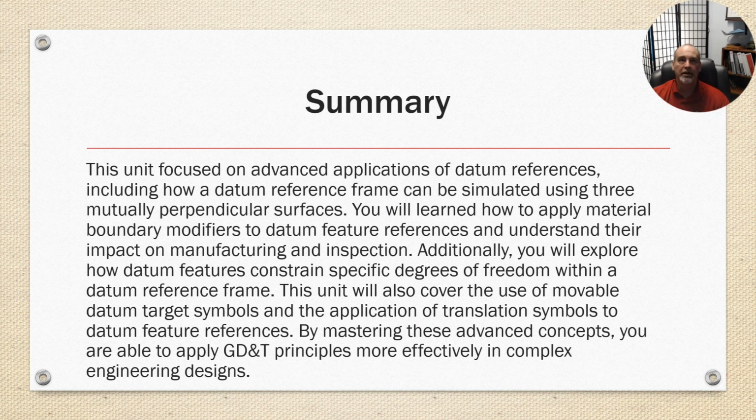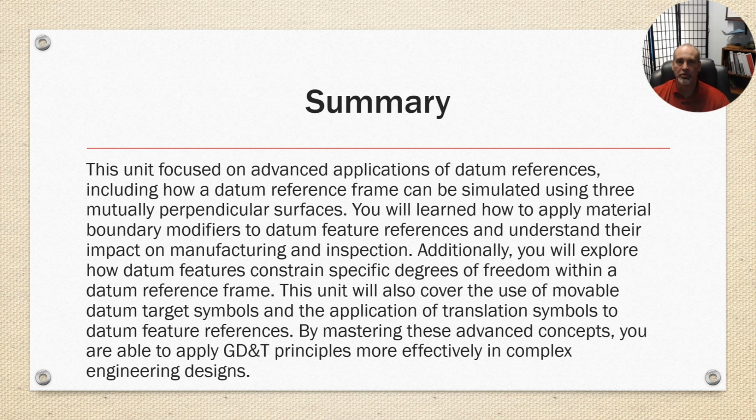In summary, this unit focused on advanced applications of datum references, including how a datum reference frame can be simulated using three mutually perpendicular surfaces. You learned how to apply material boundary modifiers to datum feature references, and understand their impact on manufacturing and inspection.